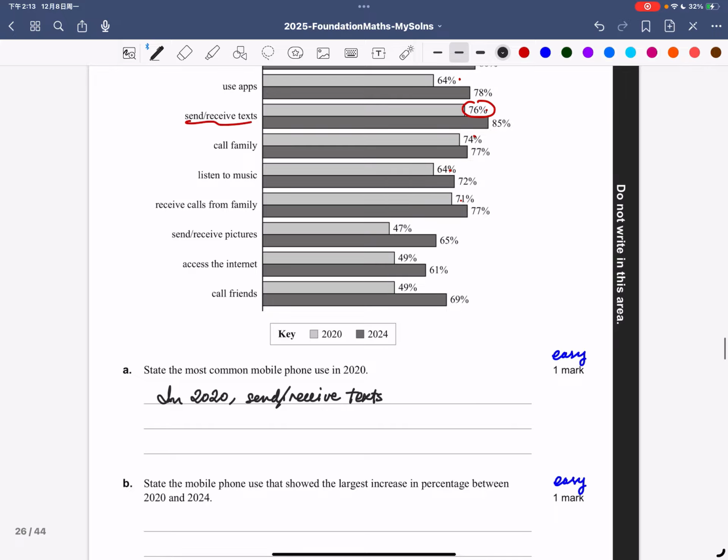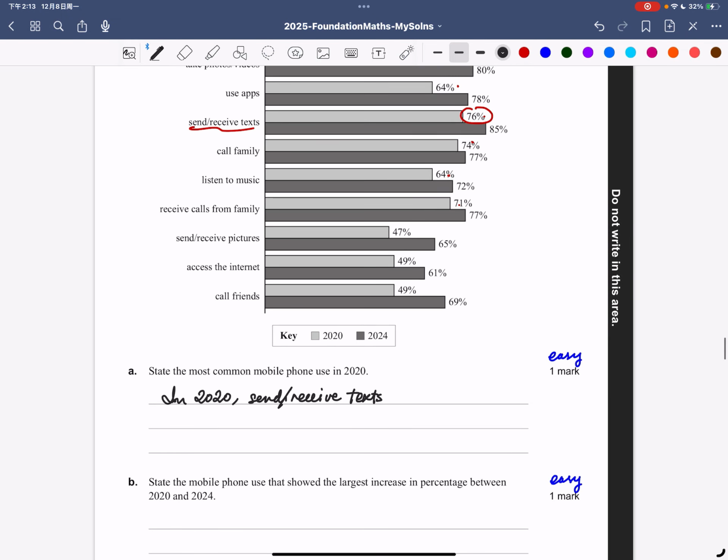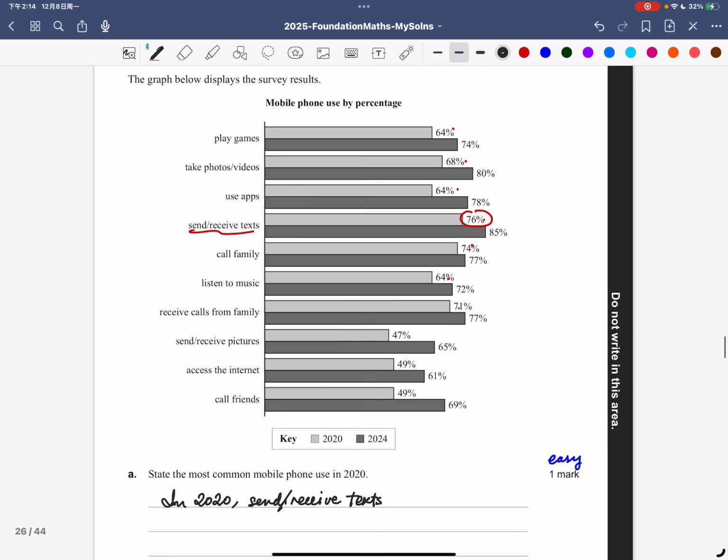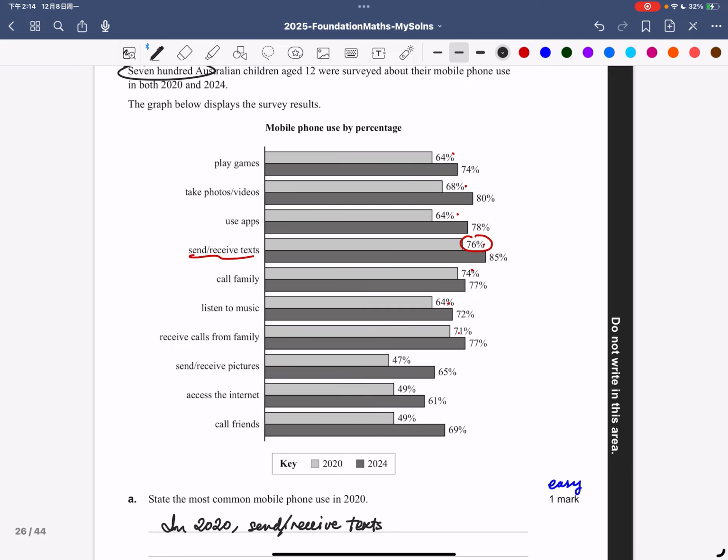State the mobile phone use that shows the largest increase in percentage between 2020 and 2024. Largest increase, so we want to see the largest gap here. It's this much, this much. We can actually write them down. That's 10%, that's 12%, that's 14%. That's a 9% increase. That's a 3%. That's an 8%. That is a 6%.